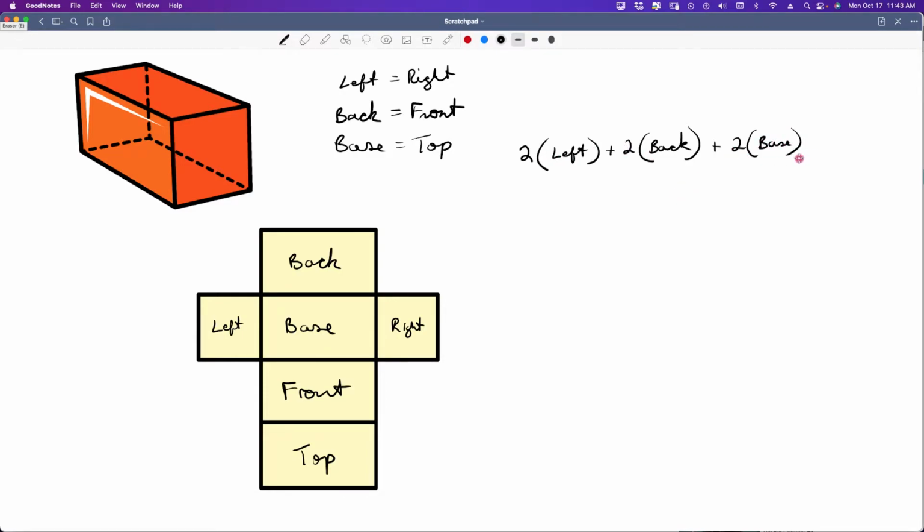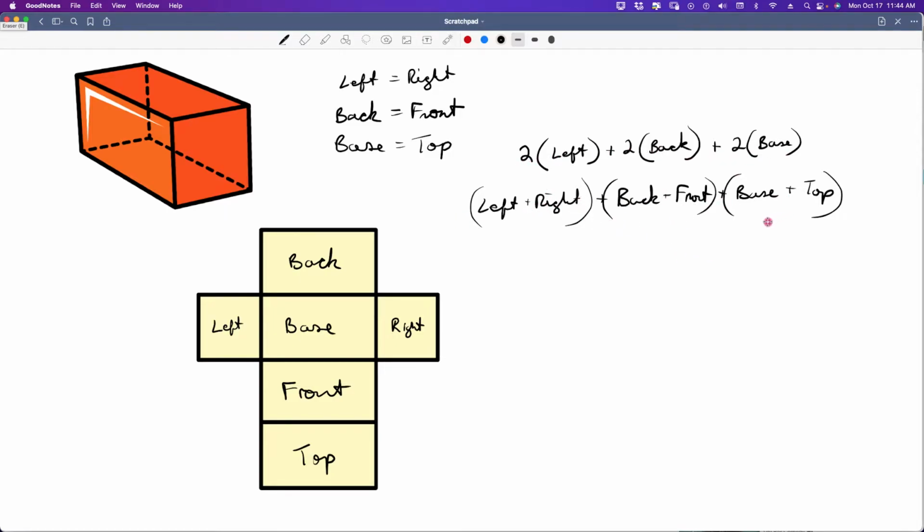That's going to be the same thing as saying the left plus the right plus the back plus the front plus the base plus the top, because these are all exactly mirror images of each other, so they have the same value. So we can just say 2 times one of them.